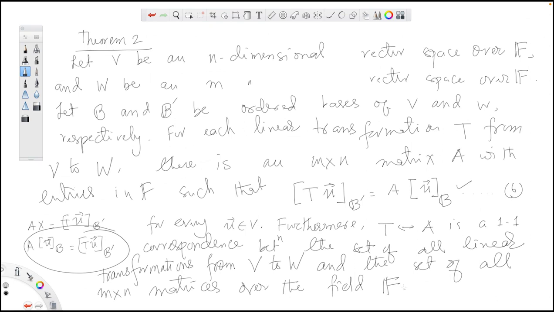An element of one set is in one-to-one correspondence with an element in the other set.